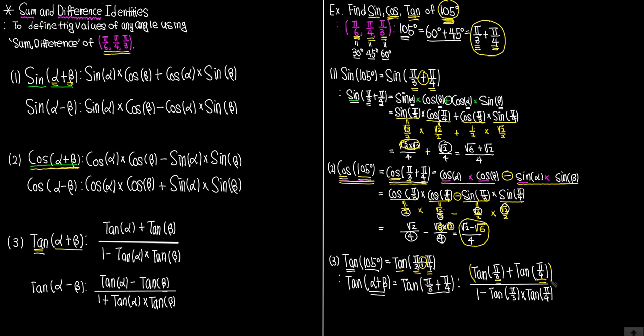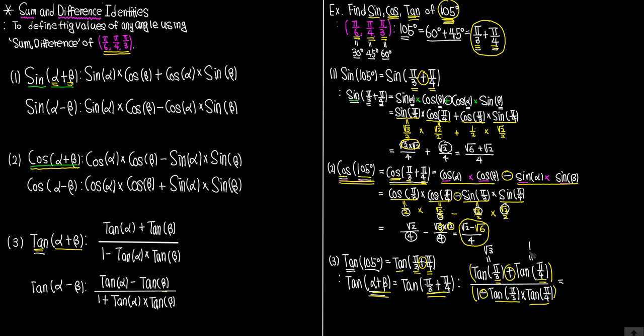In the numerator, it will be connected with a positive sign because it's a tangent of alpha plus beta, tangent of pi over 3 plus pi over 4. Inside the denominator, it will be connected with the negative sign, 1 minus tangent of pi over 3 radian times the tangent of pi over 4 radian. If it's simplified, the tangent of pi over 3 is square root of 3.